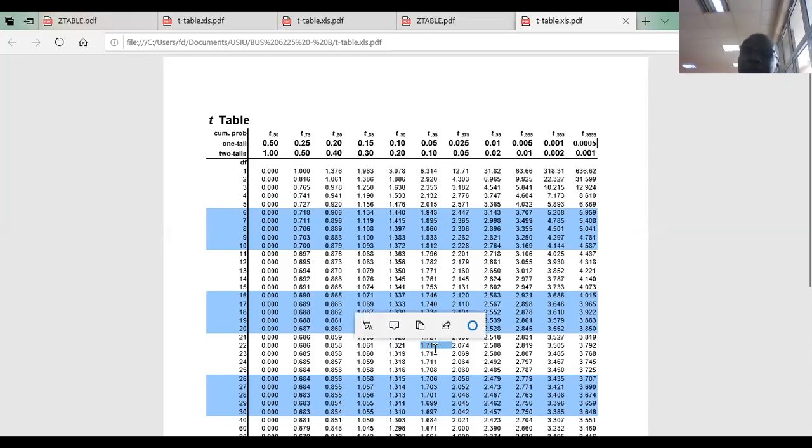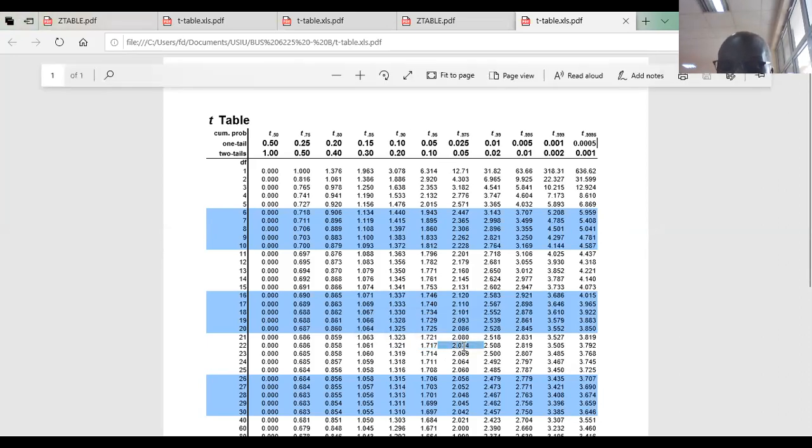Write it somewhere. You done that? And how about 95%? What are we going to look for? Two tail 0.05 is the next one here anyway, which is 2.074.